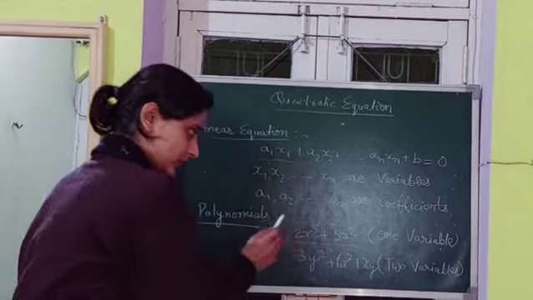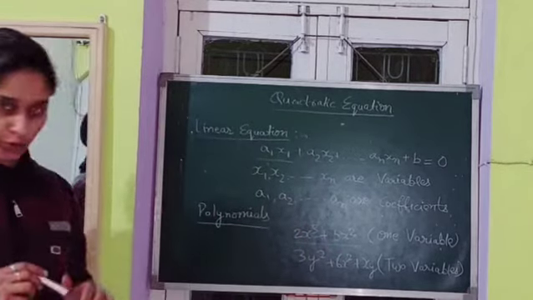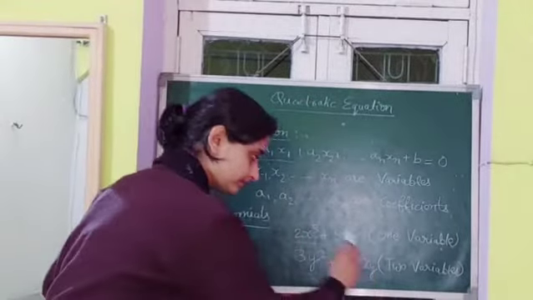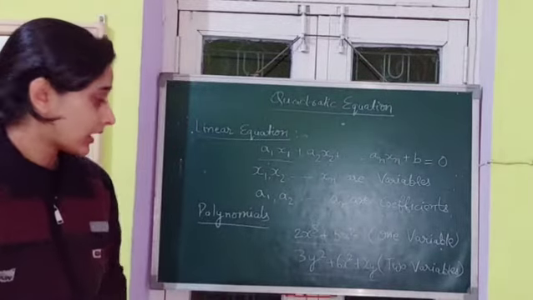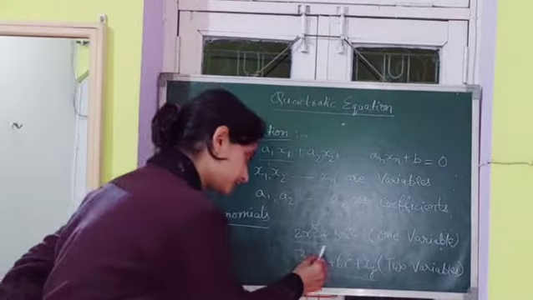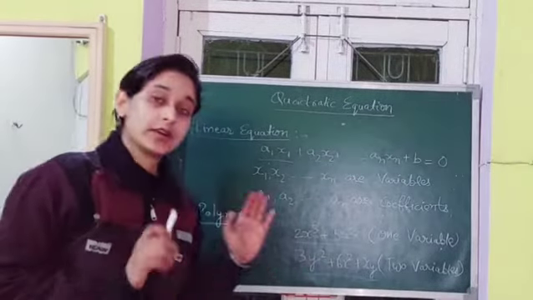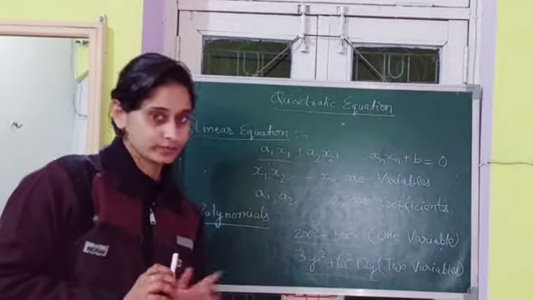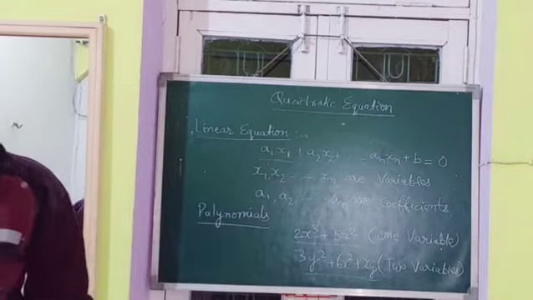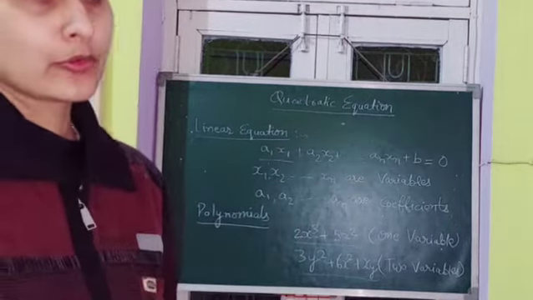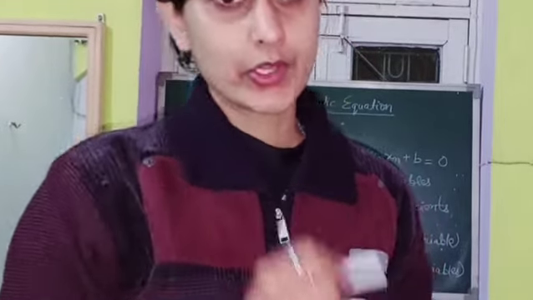So 3 is the degree of this polynomial, and in this equation the highest exponent is 2. So here the degree of the polynomial is 2. Polynomials with degree 2 are called quadratic polynomials.